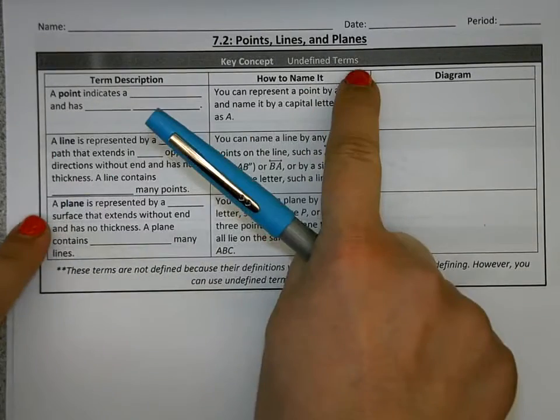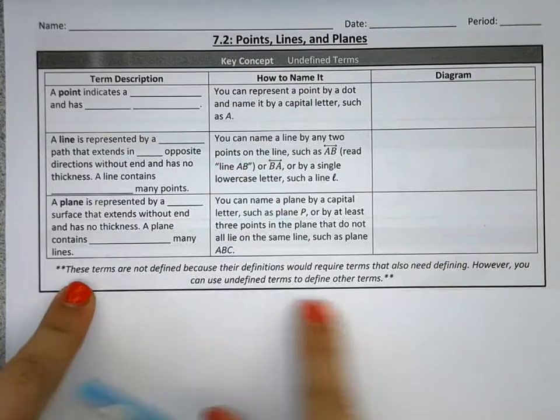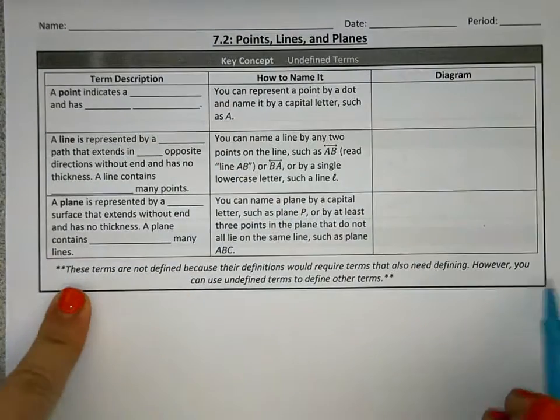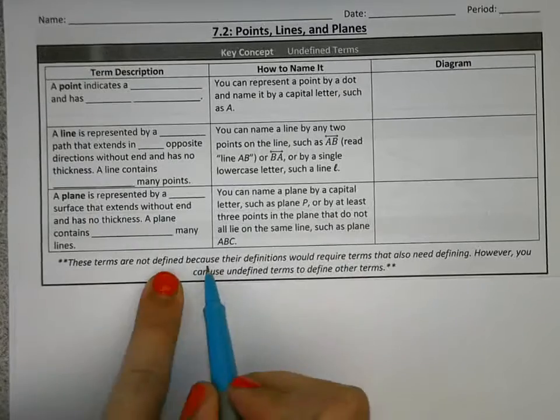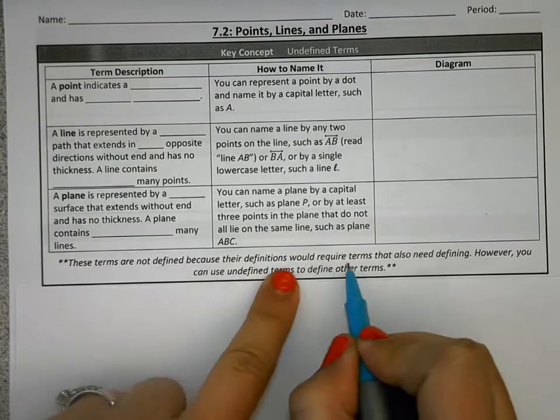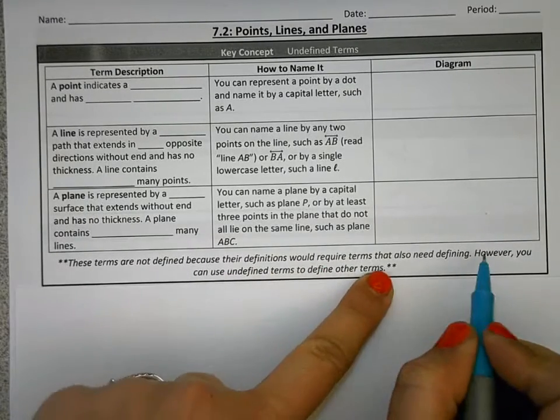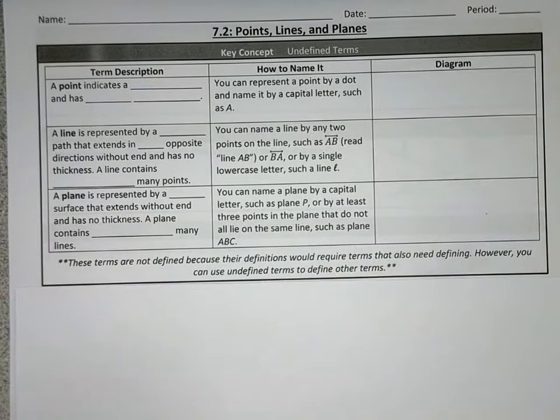So the top of the box says undefined terms. And then the reason why is down here. So we're going to read that first. These terms are not defined because their definition would require terms that also need defining. So basically, when we're defining a point, a line, and a plane, there are too many terms in the definitions that require further definition. Does that make sense?